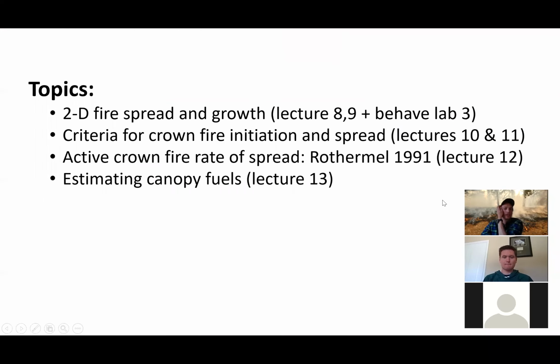So here are the topics it's generally going to cover. We're going to have a little bit on the 2D spread and growth, so lectures 8 and 9 and that previous Behave lab, then all of our crown fire initiation and spread questions, and then a little bit on estimating the canopy fuels.